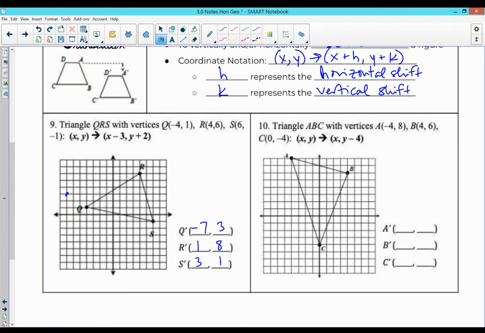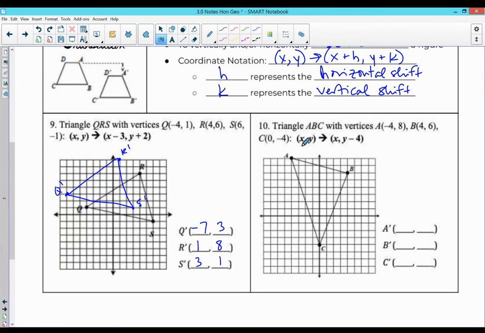That would be Q prime. Another way I can do this is that it tells me I'm going left 3, up 2. So here I'm going left 3, up 2. That's R prime, and here left 3, up 2, S prime. So it should make a cool little shadow.